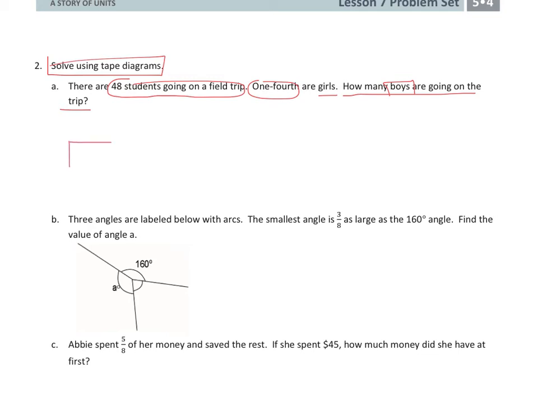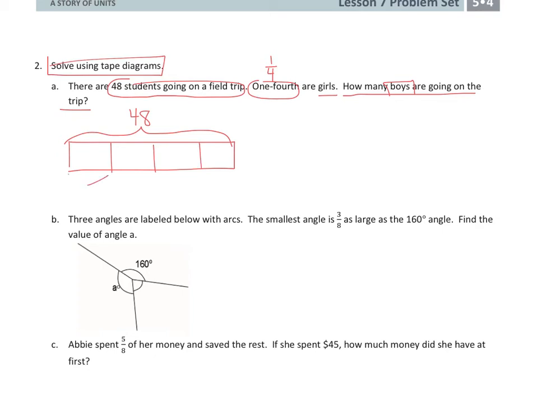So let's go ahead and do our tape diagram. If we know that there are 48 students going on the field trip, there's our number on top. And we're told that 1/4 are girls, so it means I need to take my tape diagram and break it up into fourths.